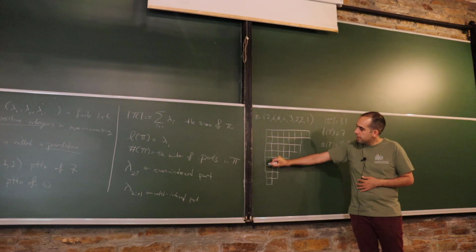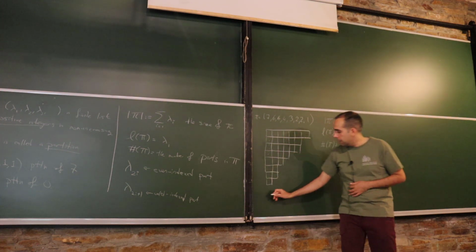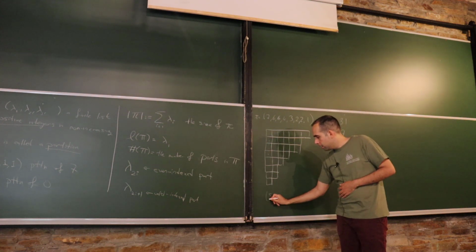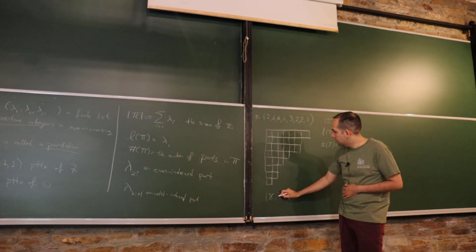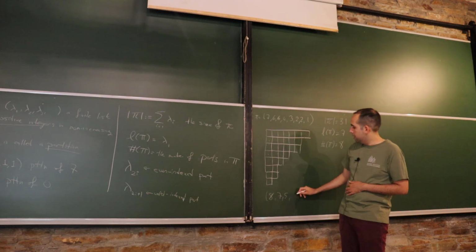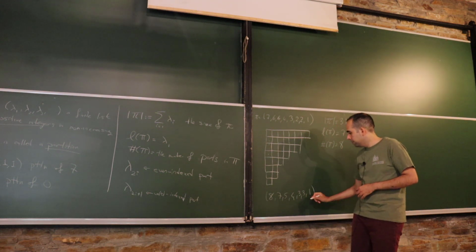So how many boxes are on the first column? I would say 1, 2, 3, 4, 5, 6, 7, 8 boxes in the first column. Then the second column, it would be 7. Then it is a 5. Then it's a 4, 3, 3, and a 1.